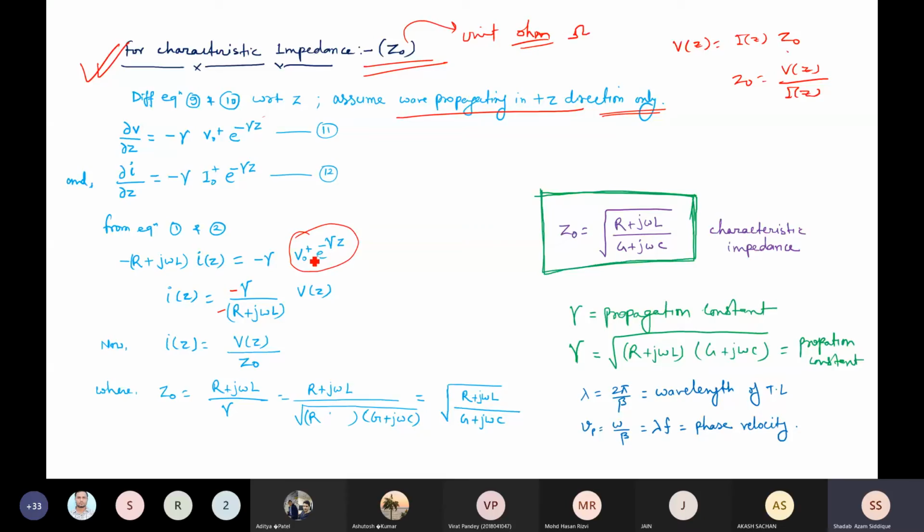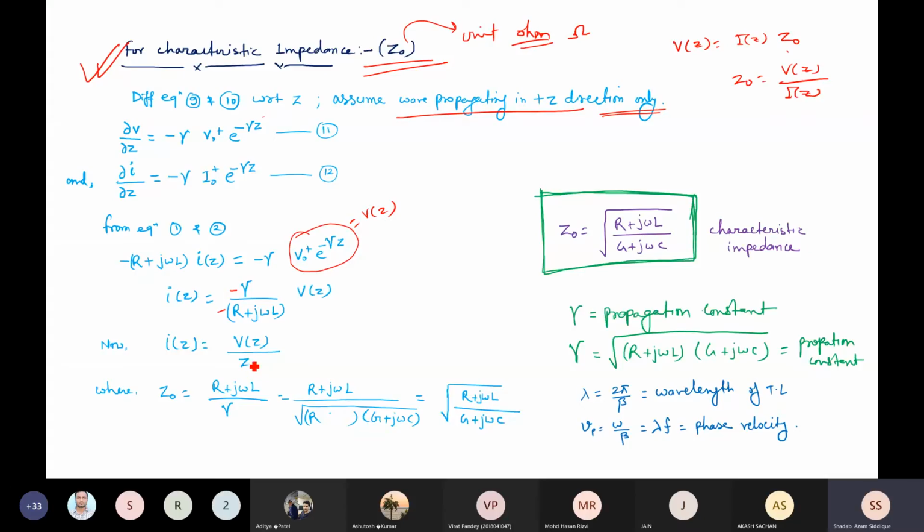V naught plus e to the minus gamma z is V of z, so that's why we have written V of z. So I of z is nothing but V of z divided by Z naught, or Z naught can be written as V upon I.